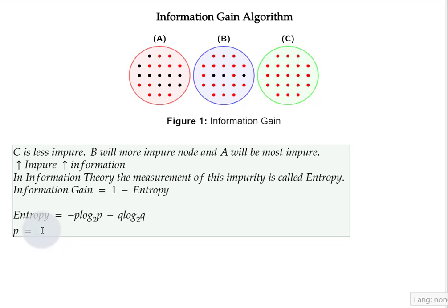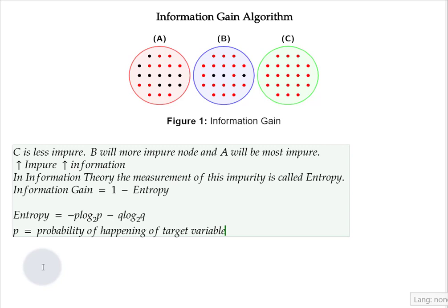So p is the probability of happening of the target variable, we'll name it as one.